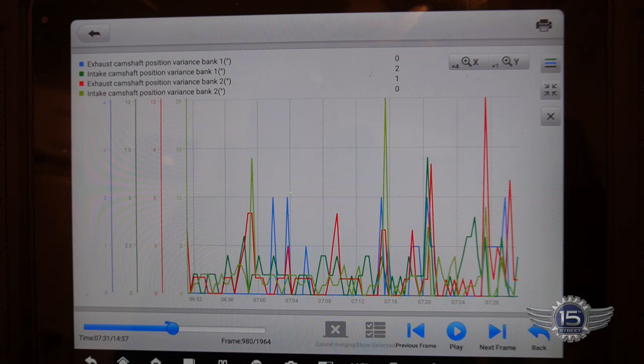But I think the next thing to verify what's happening here, we can do a cam crank correlation scope pattern, where we look at the crankshaft position sensor and both bank 2 camshaft position sensors on the scope, and we might be able to see something kind of like a second arrow in the target for solenoid timing chains.